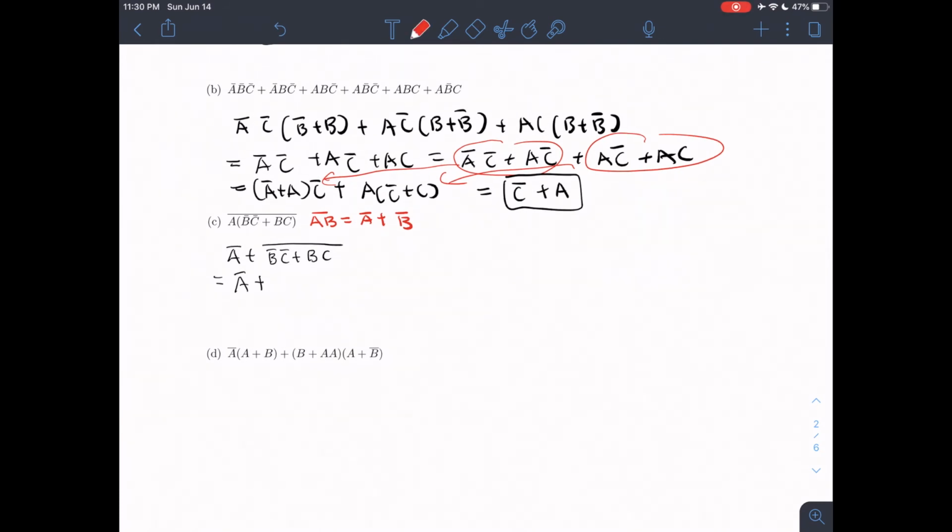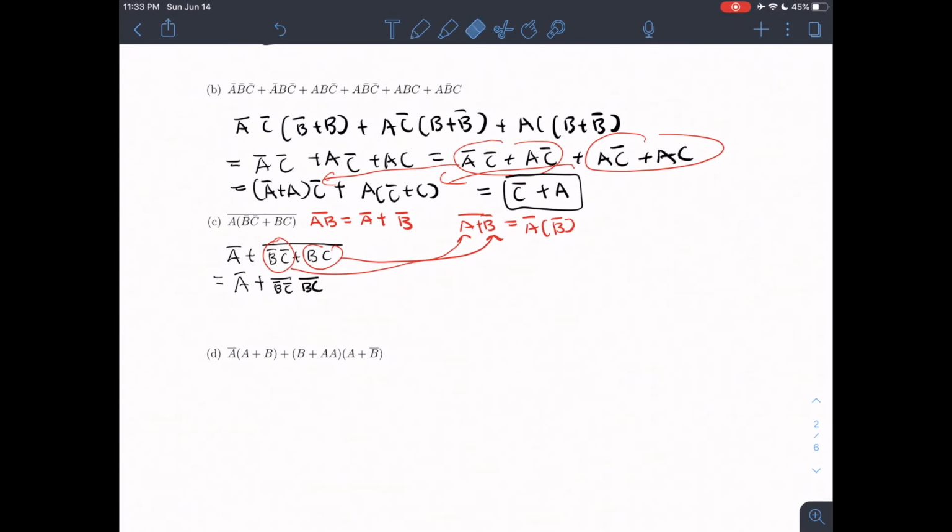That's going to be equal to not A plus B is equal to not A times not B. So for our expression over here, this is going to correspond to this A, and this is going to correspond to this B. So then our expression will end up being not B, not C, times B, not BC.